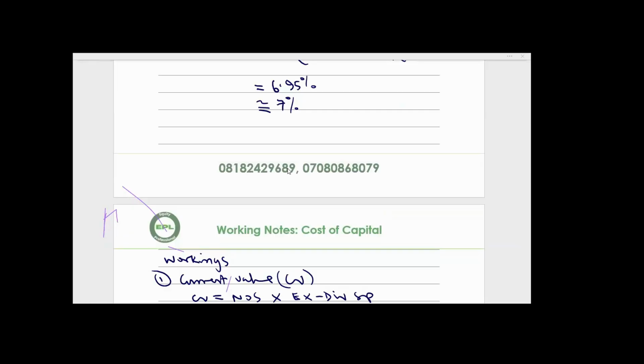To get the opening shareholders' fund, you deduct dividend from the total of those, because in the retained earnings it is possible that you might have adjusted for dividend. As we proceed, we are going to demonstrate all of that so you can see it clearly.